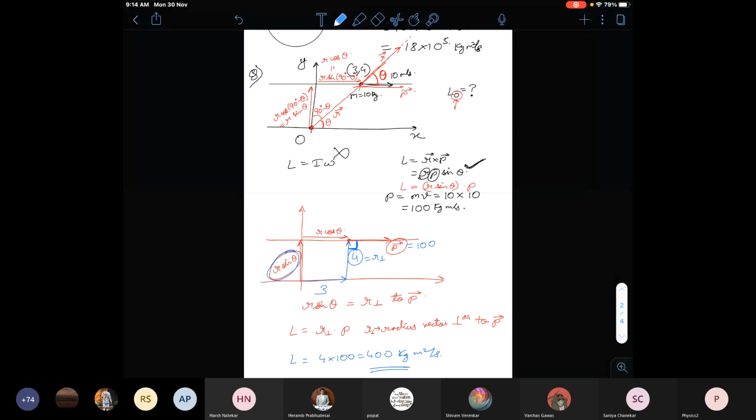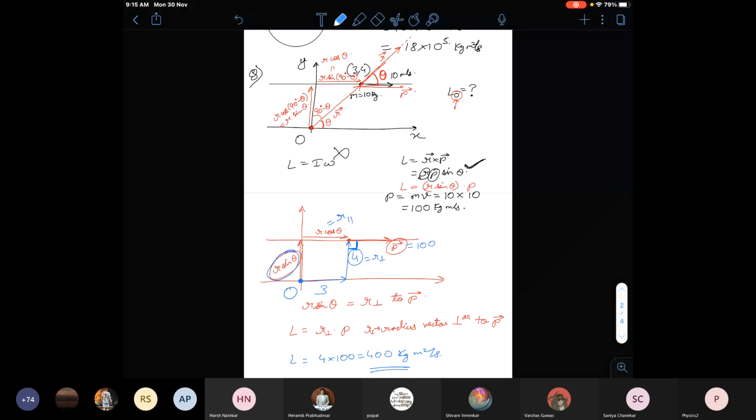From the point O, the R vector has two components. One component is perpendicular to P, and the other component is parallel to P. You could have written R cos theta as R parallel also. We don't have to do anything with R parallel.